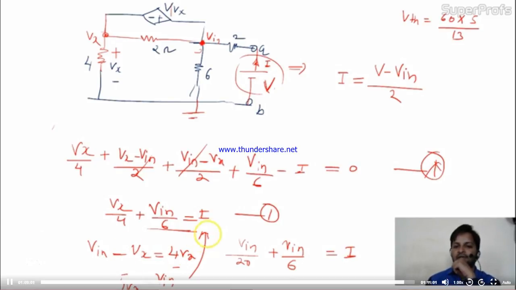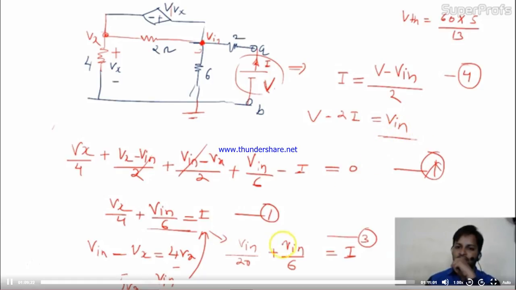This equation will become this when I put this value into this equation. This is equation 3, this is equation 4. Okay. So what is the value of V in? V minus 2I. This is nothing but V in by this equation. I'll replace this V in this equation, so I'll have only V and I terms over here.